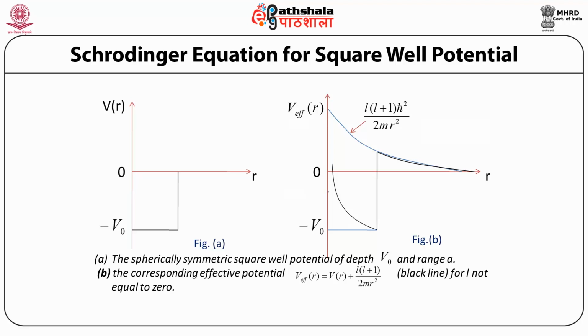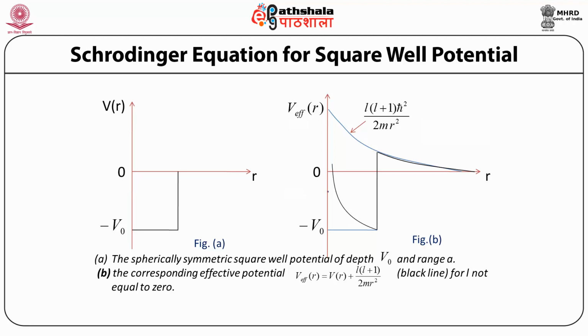It first takes a diverging value for r equals 0, then it goes down to a negative value. At r equals a, it becomes again positive, and for r greater than or equal to a, it follows the curve l(l+1) h bar square by 2mr square.